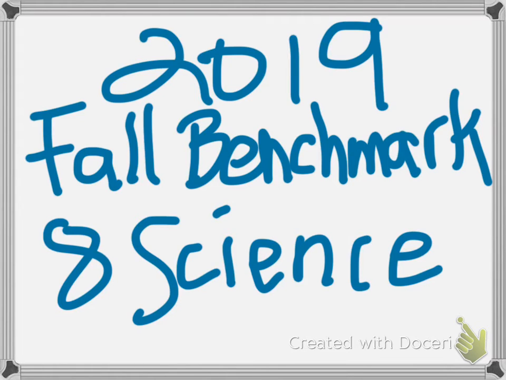The folded mountains in this model form at which type of plate boundary? Transform boundary, divergent boundary, subduction boundary, convergent boundary.